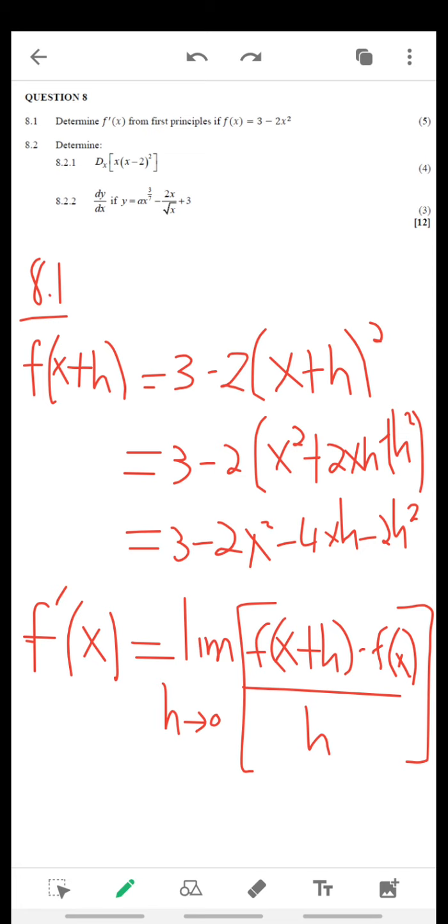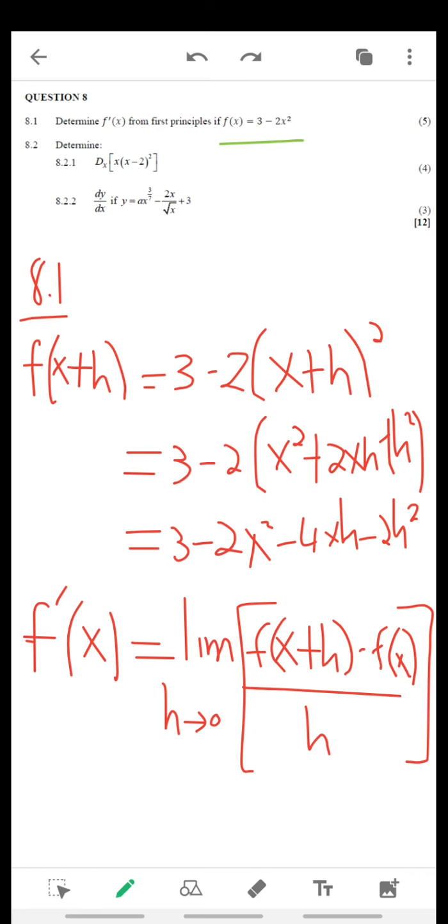So in the formula, we've got lim as h approaches 0, which we're going to write until the end, where we'll end up substituting h as 0, although h is not 0. We'll explain that. And then on the original given equation, f of x, we're going to substitute x plus h wherever there is x, and then we subtract the original function f of x, which is 3 minus 2x squared, and then all over h.